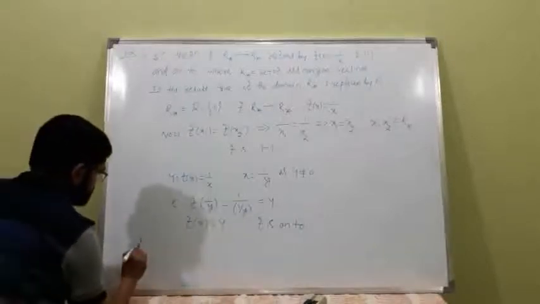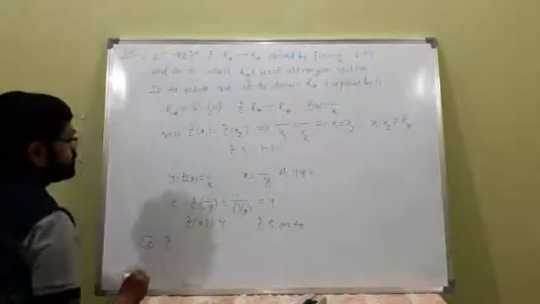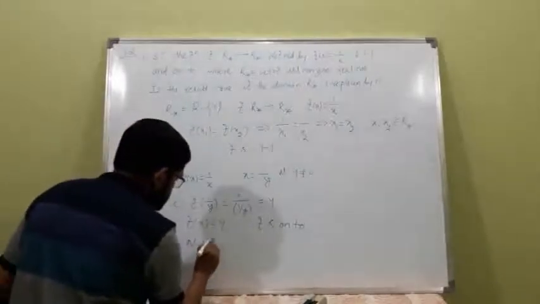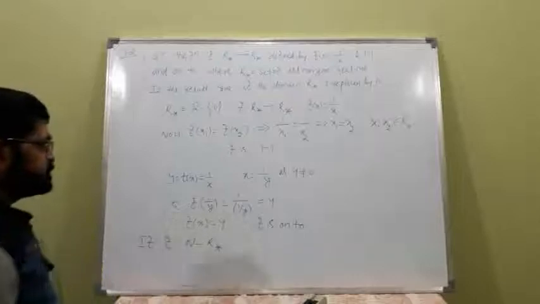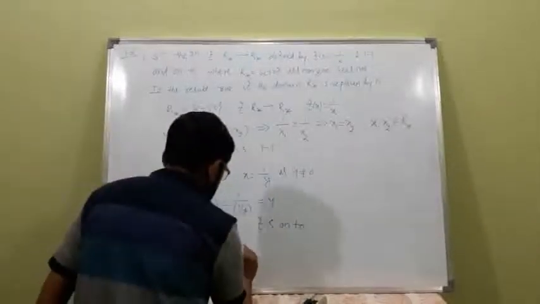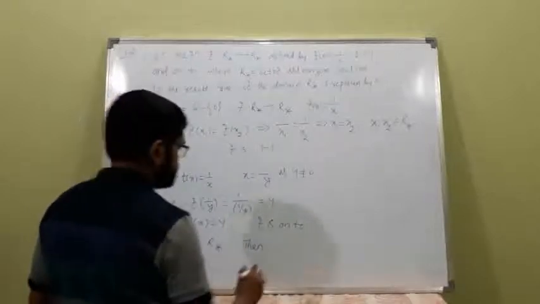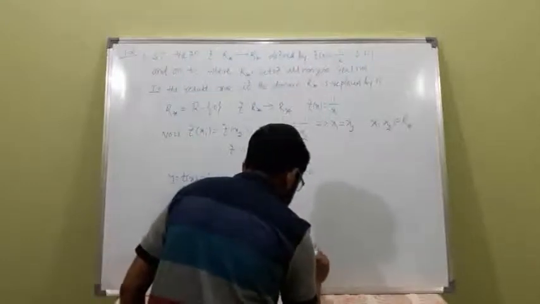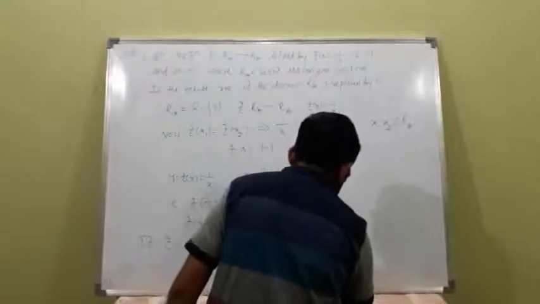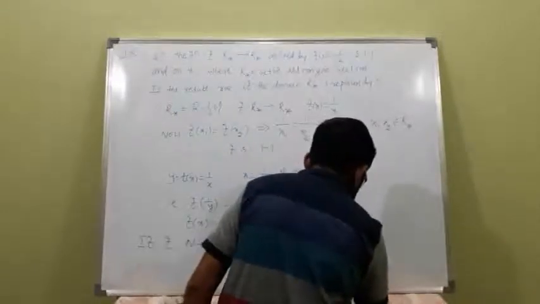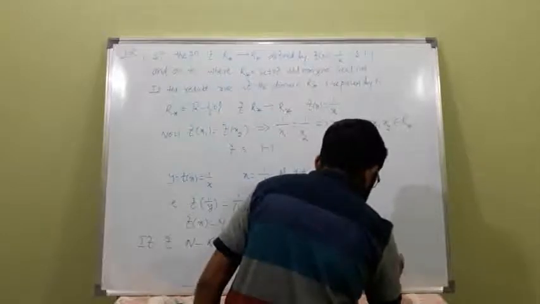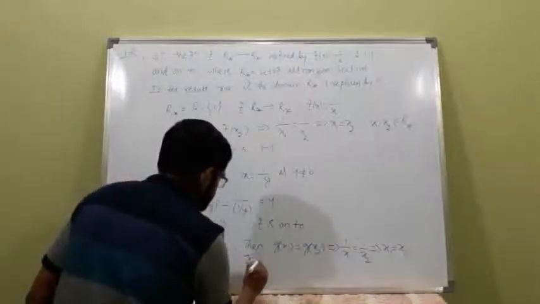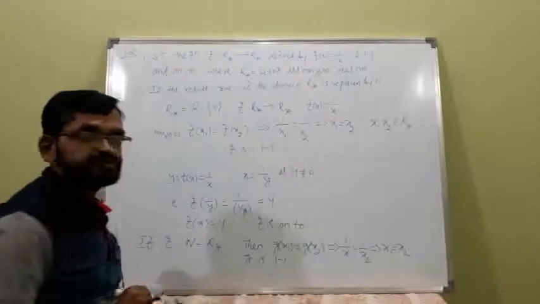Second part: if f is from, domain is replaced by N to R star, then clearly g of x1 is equal to g of x2 implies 1 by x1 is equal to 1 by x2 implies x1 is equal to x2. So, g is a 1-to-1 function.